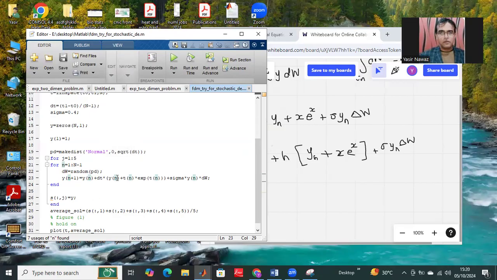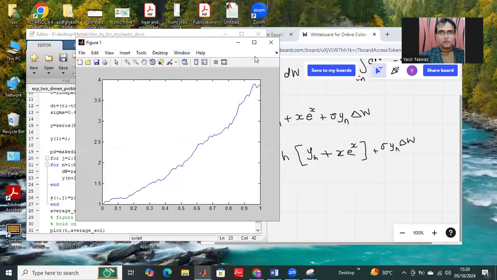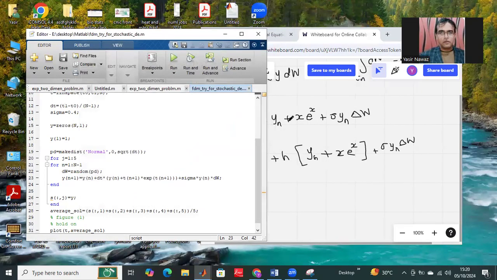But here I use the n step, so I can change it, not with y, but with t_n. So this is the solution of the stochastic differential equation.